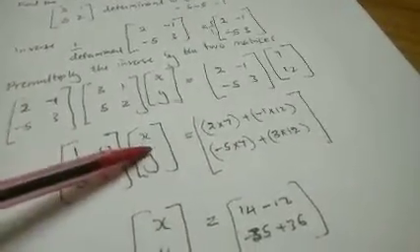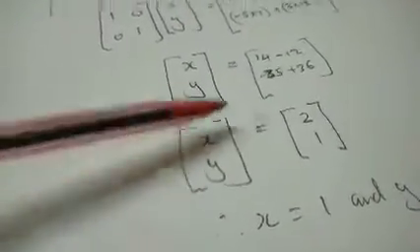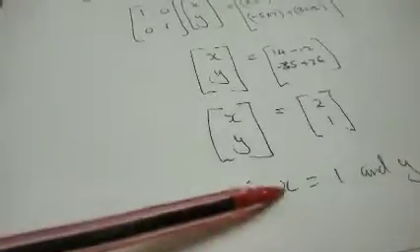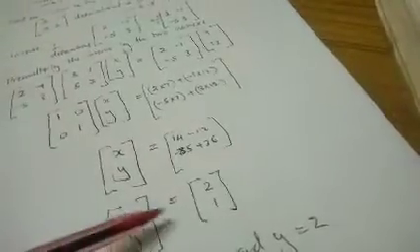Now, when we multiply the identity by a matrix, we get that matrix, so we get x, y, which is equal to 2, 1. If two matrices are equal, then elements in the same position are equal.